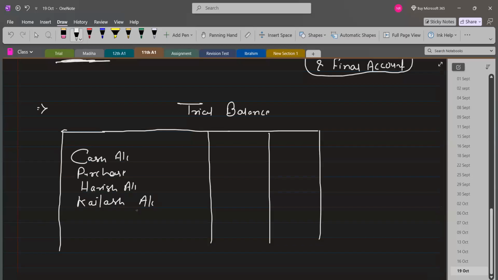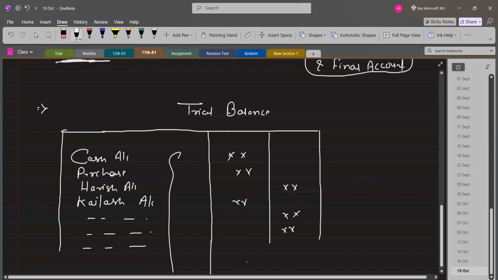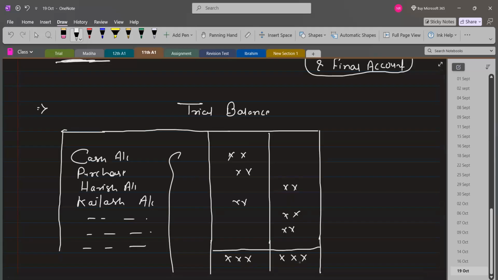So when you write all the account names that you have created in the ledger, the balance will be written here on the debit or credit side. Whatever the amount, you will write it here. After writing all the accounts, the total should be equal. If the debit side total is 1,50,000, then the credit side total should be 1,50,000. Then you can say your answer is correct. Okay.